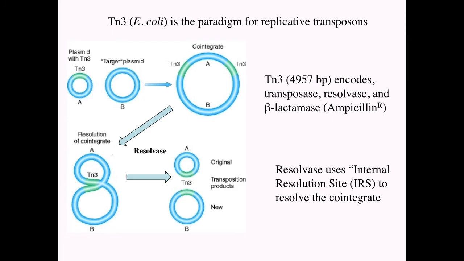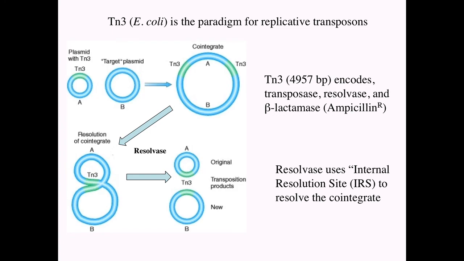It also has the ability to cut that plasmid at that target site on each strand, generating those staggered ends, and to form a co-integrate, where now you have two copies of Tn3, the original one from the plasmid, and now the one that was generated by replication during this integration step. But you have all of plasmid A inside of that cell too. So you can see that this co-integrate is much larger. But this is a short-lived intermediate structure.